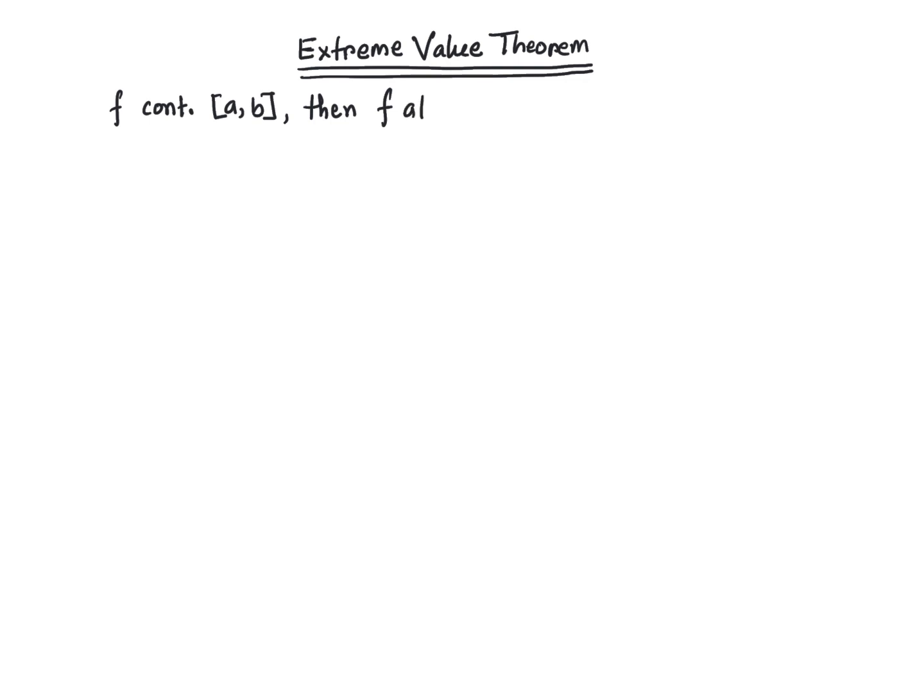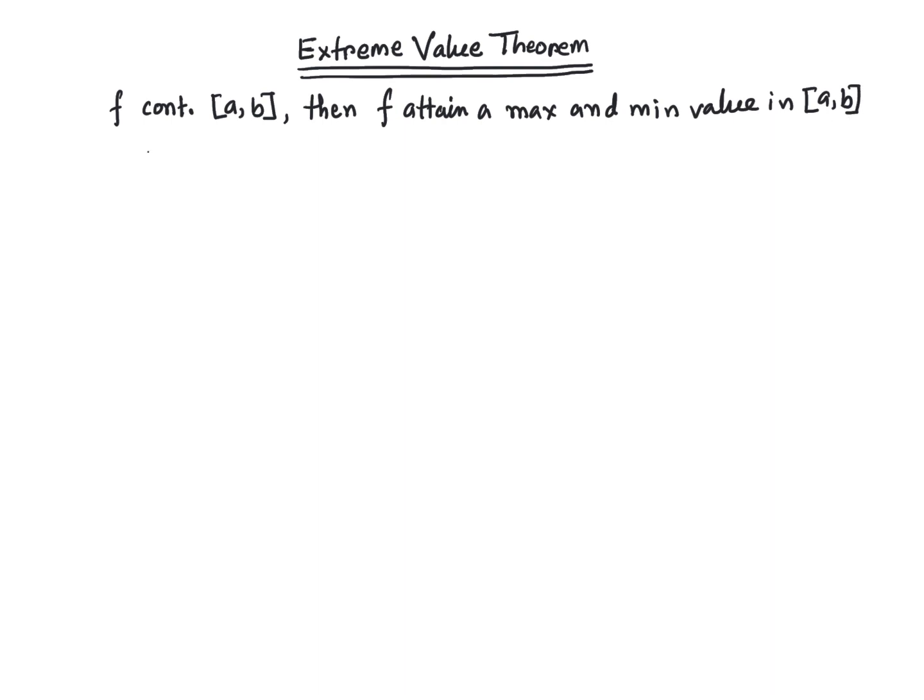Then f attains a max and min value in that interval [a, b]. What does this mean?